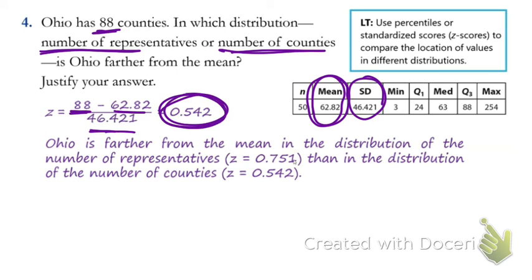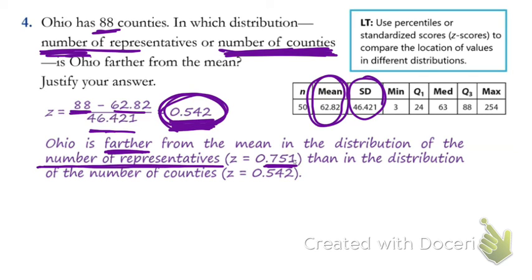And we get a z-score of 0.542. So what that means is that Ohio is only half of a standard deviation above average in regards to the number of counties, but they are almost 75% of a standard deviation above in regards to the number of representatives. So that means that Ohio is farther from the mean in the distribution of the number of representatives than they are in the distribution of number of counties.